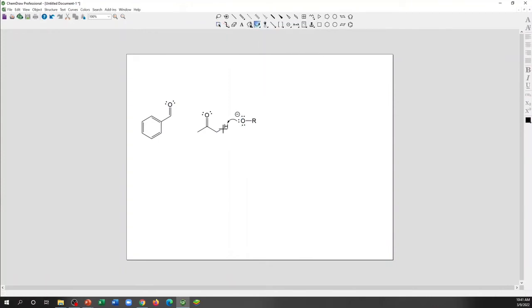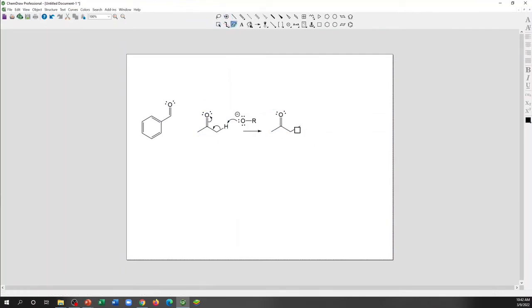You can either just drop the electrons directly onto the alpha carbon, or I'm going to push them up onto the oxygen to form the enolate, because that is traditionally how we show that. It's not more or less correct to show it this way, it's just more common. So we're going to end up enolizing our acetone to form the acetone enolate.